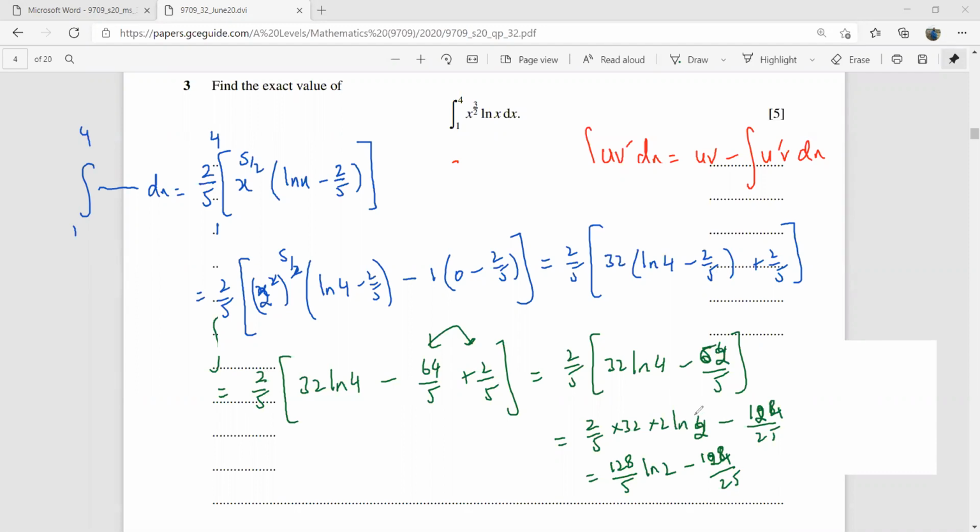So this 2 into 32 into 2 will give you 128 over 5 ln 2, and then this into this will give you minus 124 over 25. So finally your answer is 128 over 5 ln 2 minus 124 over 25.